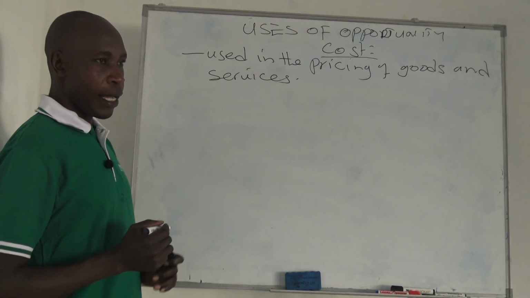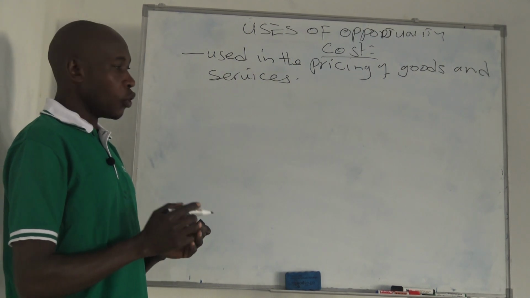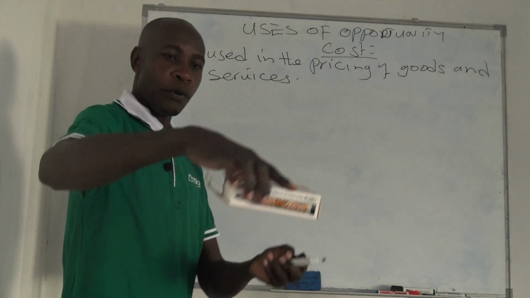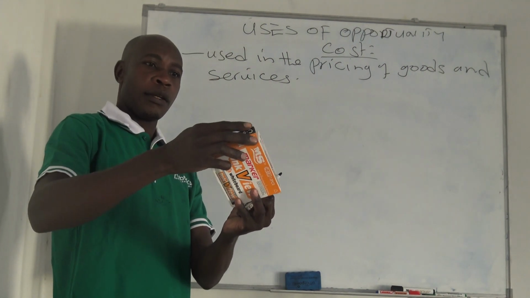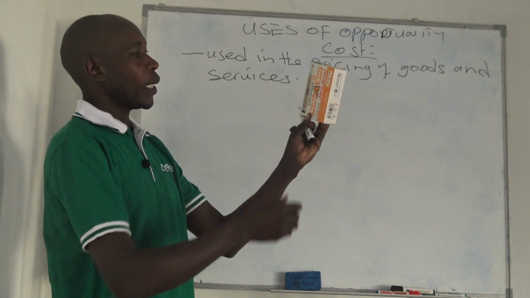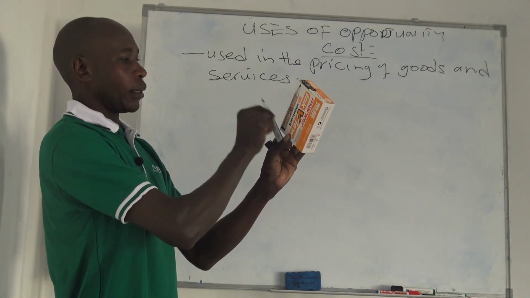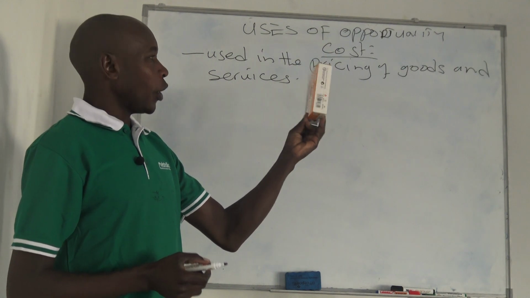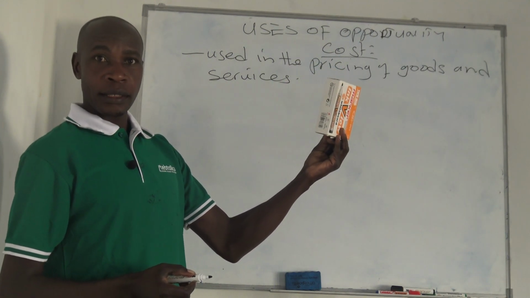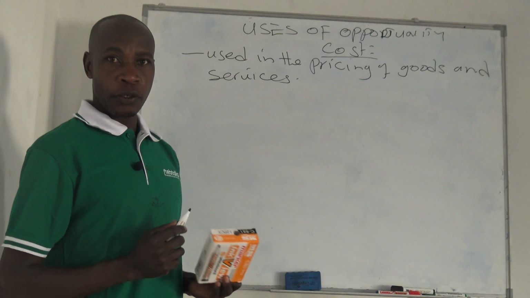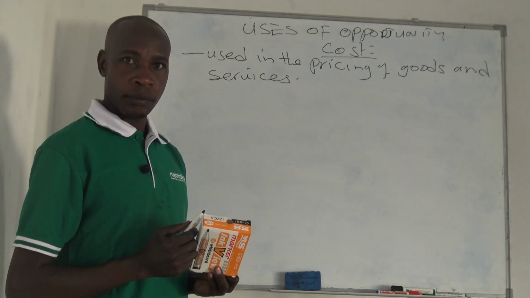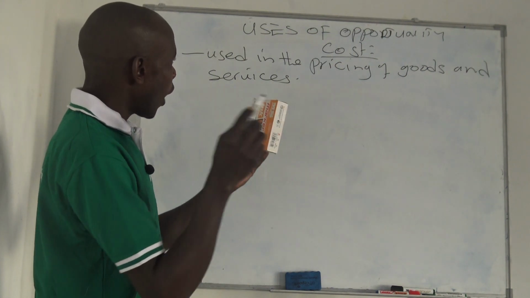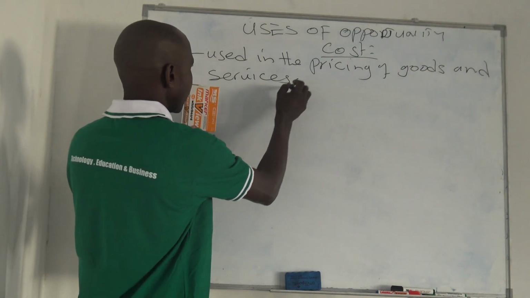For this matter here, when you get your good, for example, this packet of markers, when you are giving it a price, you base on opportunity cost. In that, you are going to give it a price.